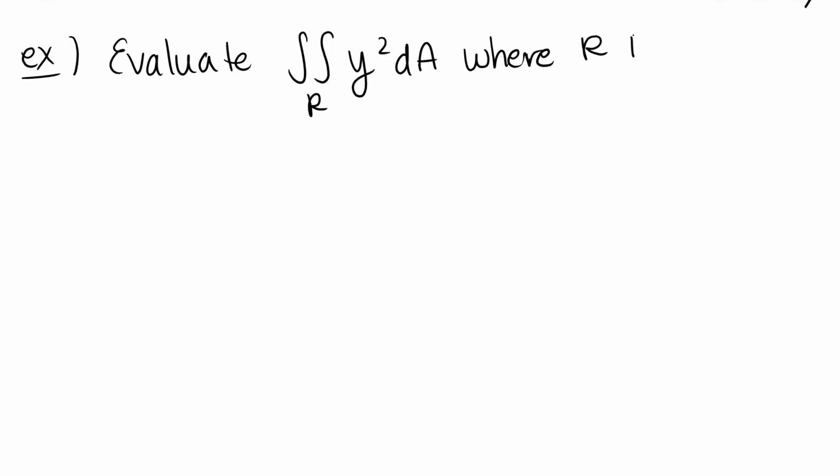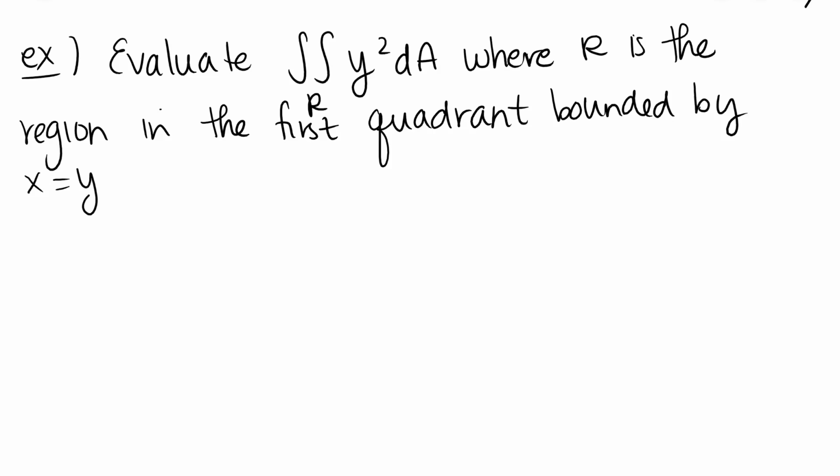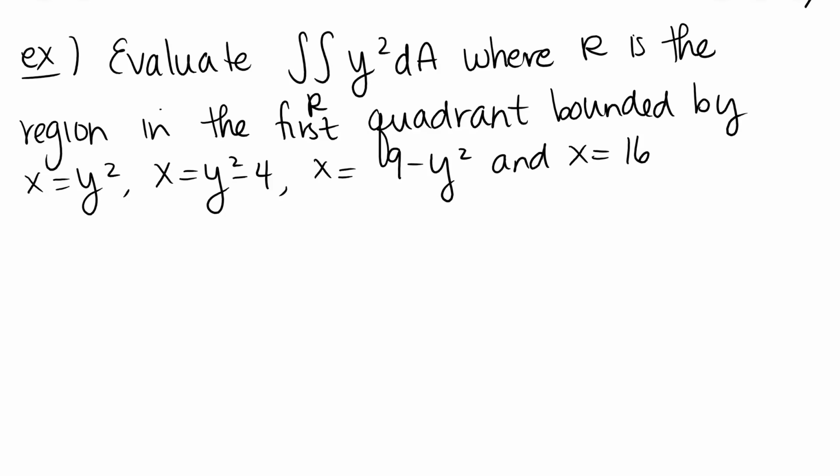Where r is the region in the first quadrant bounded by, here's what we got, x equals y squared, x equals y squared minus 4, x equals 9 minus y squared, and x equals 16 minus y squared.